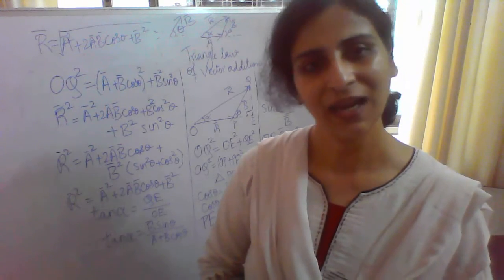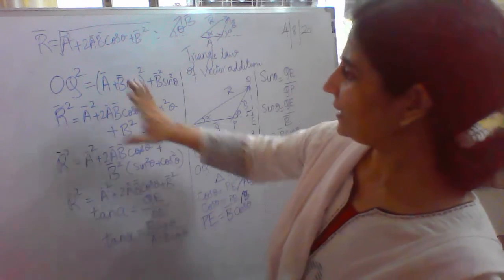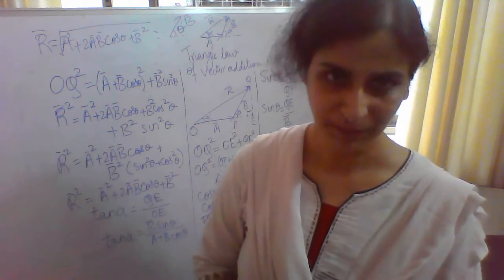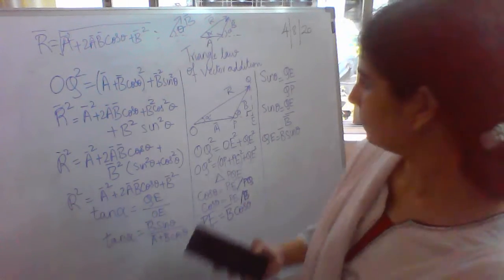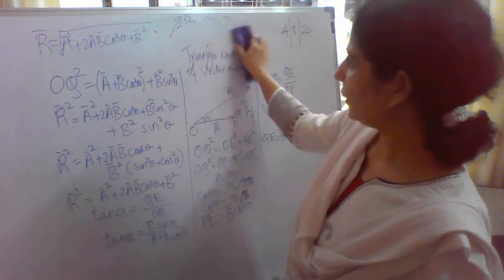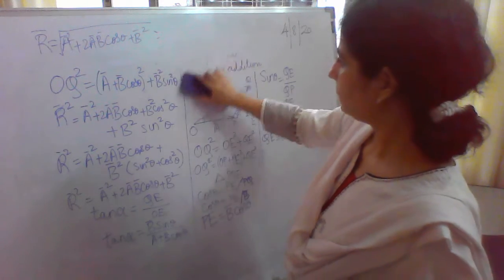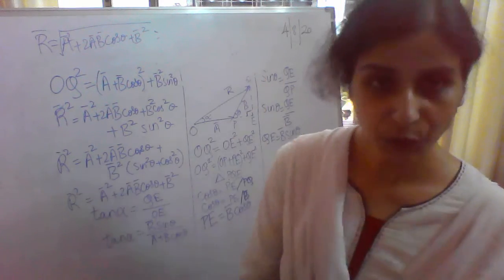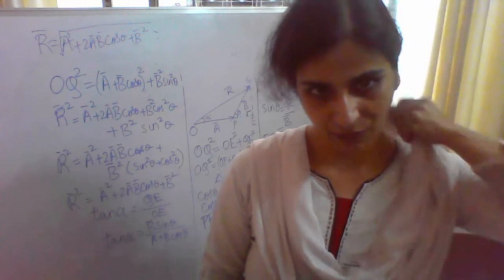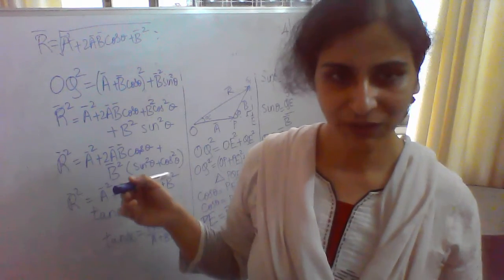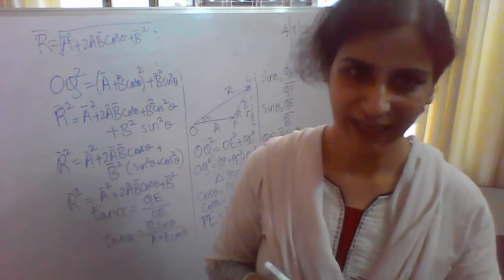So whenever I put these values, I will get the angle alpha. Now let us try this with one example. I will write down the example over here. You will do the calculations and tell me the answer for it. At the end of this I will write down the answer. Please cross check if you are getting the same.